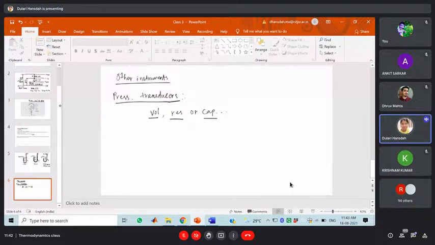So these pressure transducers are mainly calibrated to zero, and then they read the gauge pressure. As I have already told you, any instrument or equipment used for pressure measurement reads only the gauge pressure.